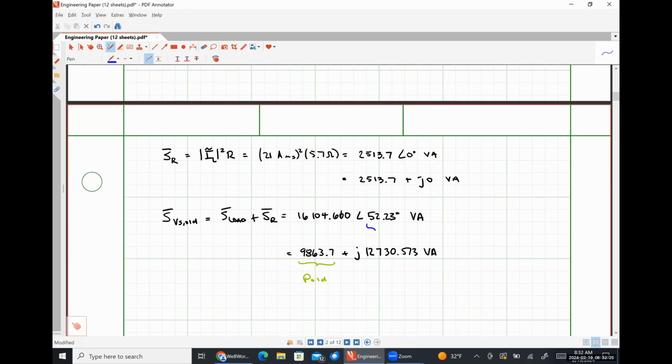This guy right here is theta old, the complex power angle supplied by our source prior to power factor correction. So the last thing that we have to figure out is our source voltage.